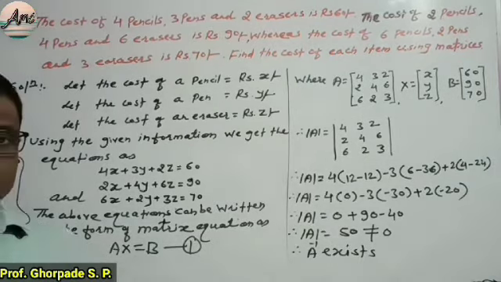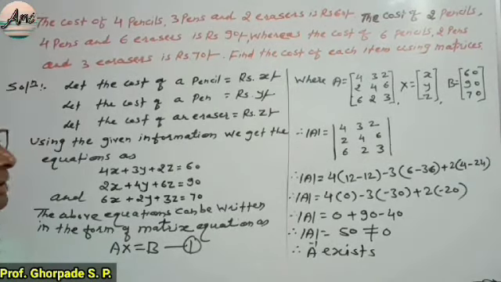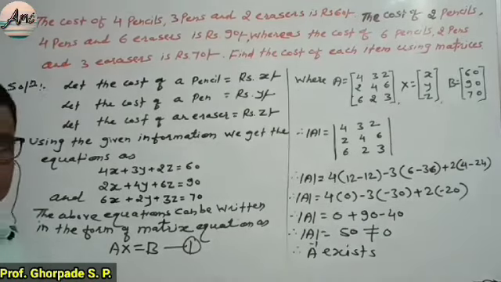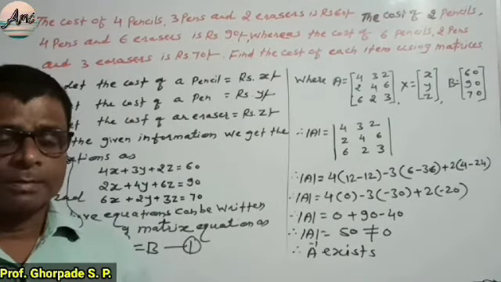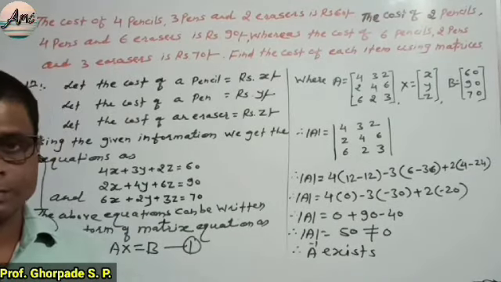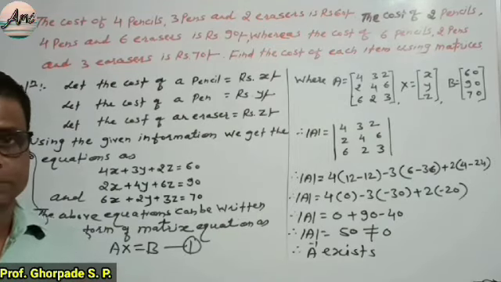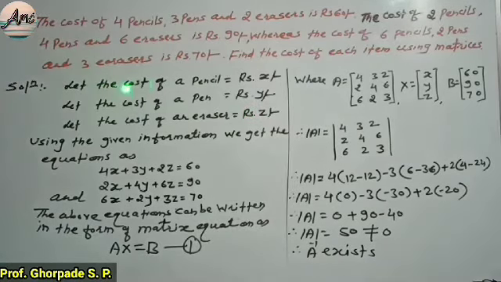For the word-based problem, first you have to represent it in the form of linear equations. We don't know the cost of the pencil, the cost of a pen and the cost of an eraser. In the beginning I am going to assume that the cost of a pencil, meaning one single pencil, is rupees x, the cost of a pen is rupees y and the cost of an eraser is rupees z.